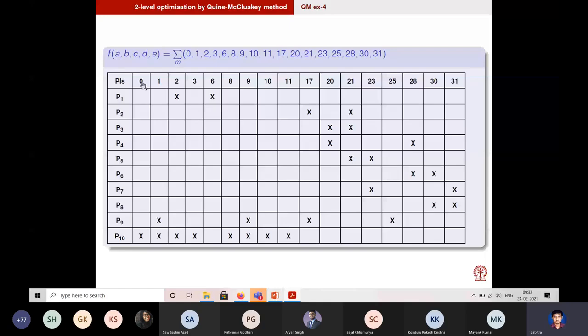One reduction is we know that the rows corresponding to essential prime implicants will always be there. They have to be retained in the final set. So the final solution, the set of minimal prime implicants, will always be a superset of the essential prime implicants. Essential prime implicants will always be part of the solution.